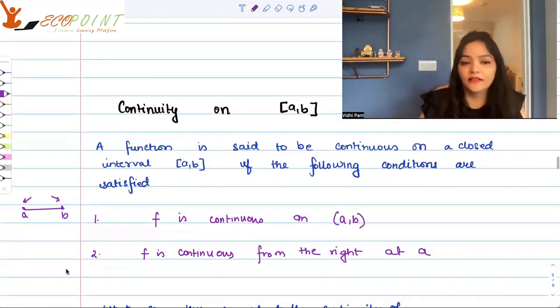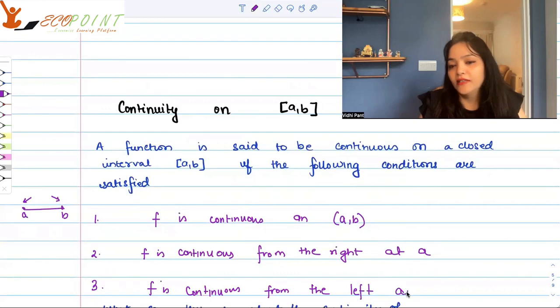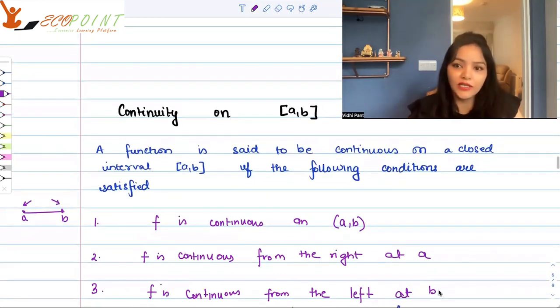And number three, for continuity on the closed interval [a, b], it should be continuous from the left at b. And this will give us continuity on the closed interval [a, b].